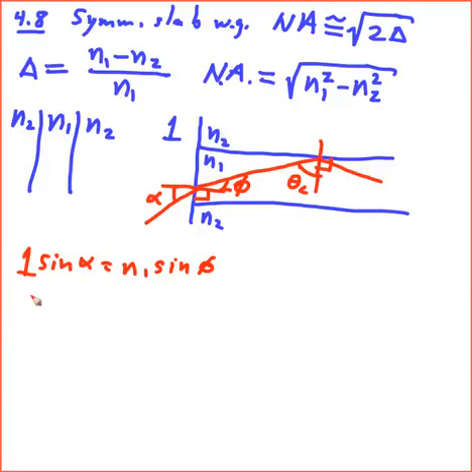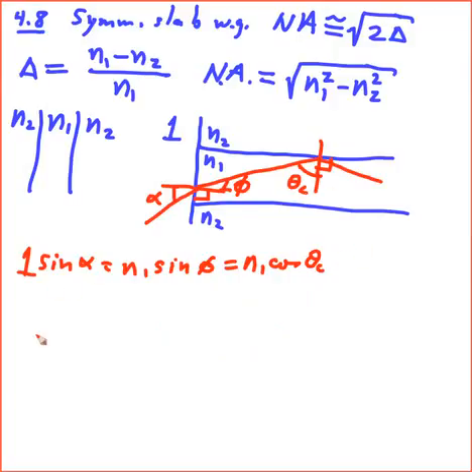And because phi and theta critical are complementary, that is, they add up to 90, the sine of phi is equal to the cosine of theta c. The sine of 90 minus phi is equal to cosine.